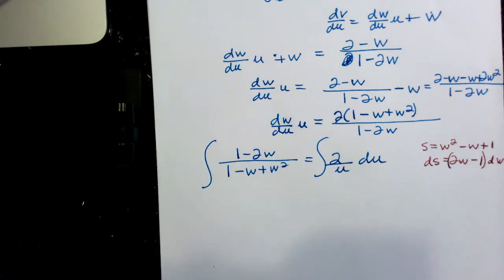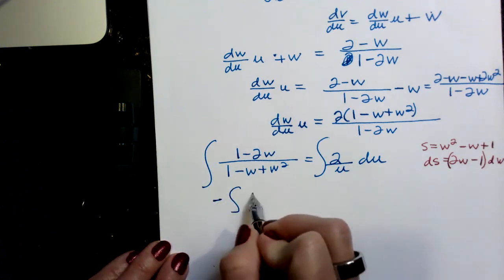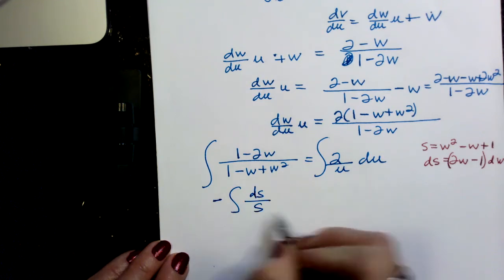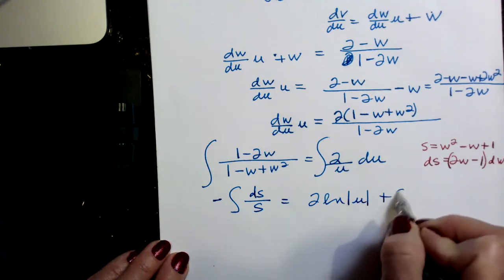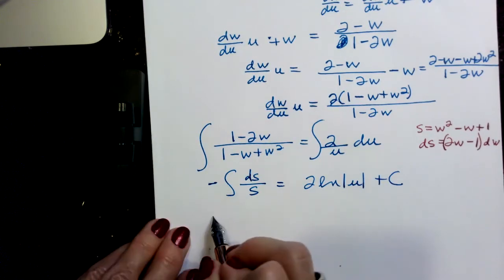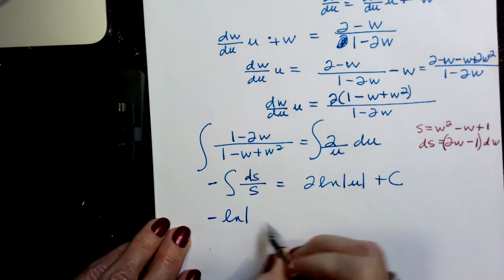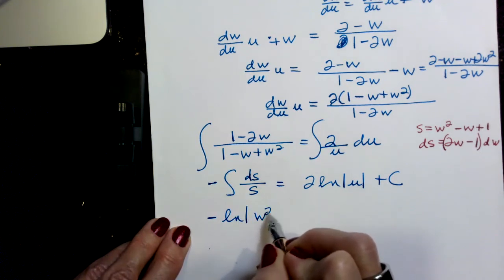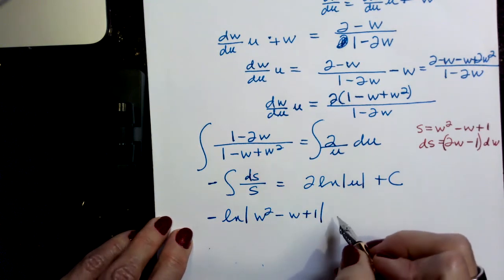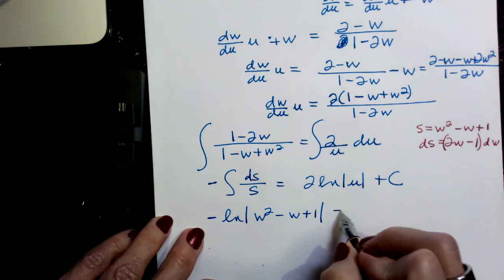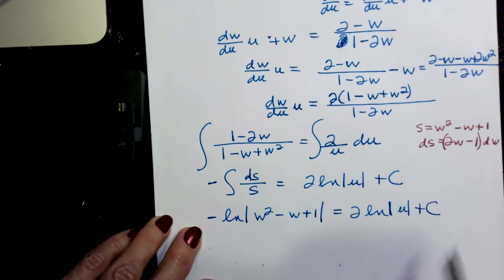Okay, so what you have on the left-hand side is minus dS over S. On this side, this integrates to minus ln absolute value of S. But S was W squared minus W plus 1. And that's equal to 2 ln U plus C. Okay.